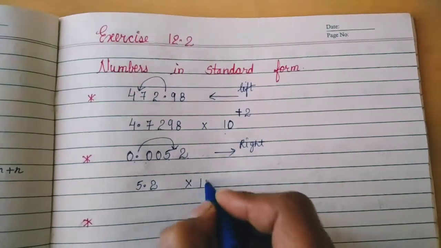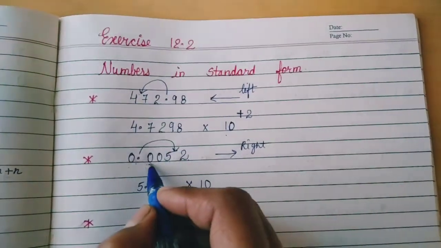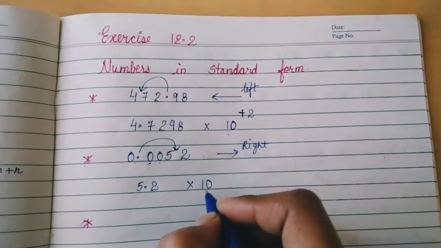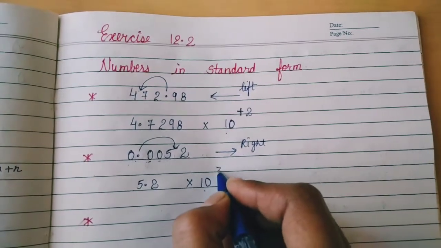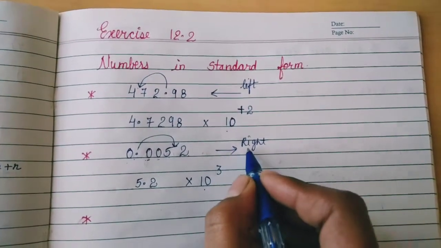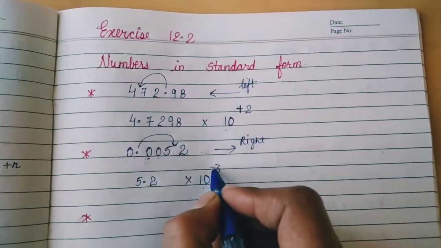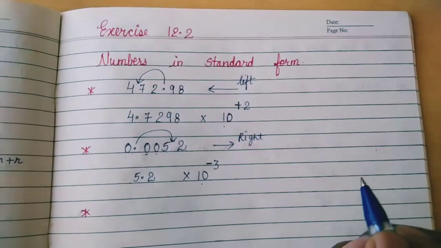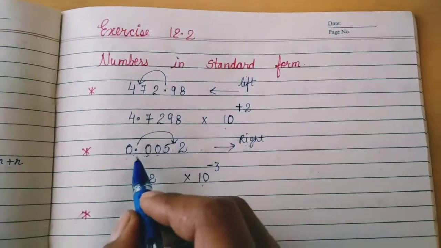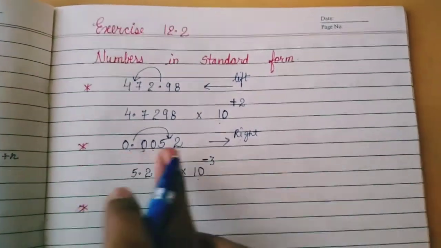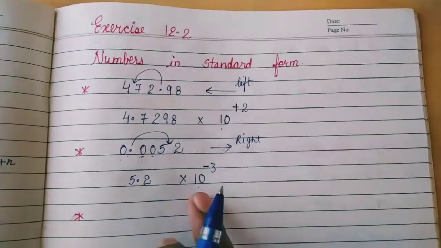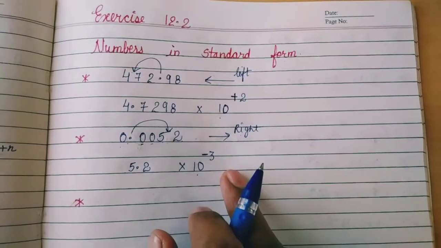And how many places did we shift? We shifted 1, 2, 3 places. So 10 raised to the power 3, but we shifted to the right side, that's why the power will be negative. From left to right we shifted, so the power is negative here.